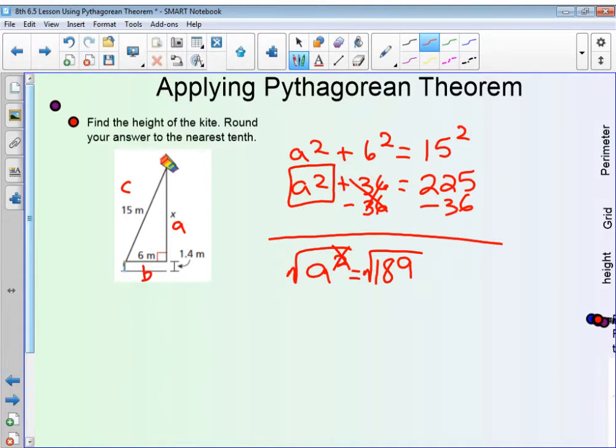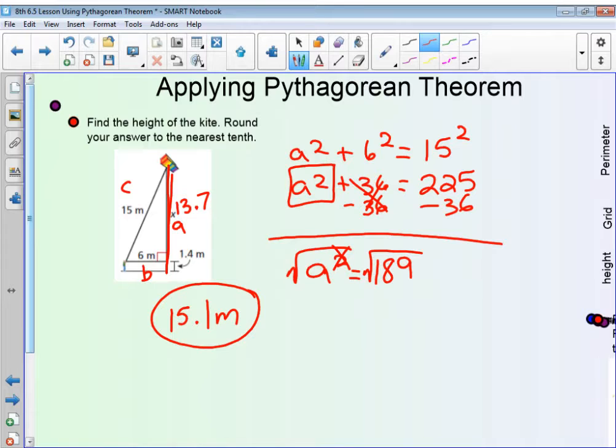And when I do that, I get 13.74. So 13.7 for this. They want to know the full height. So we're going to do 13.7 plus 1.4. And when I add that together, I get 15.1 meters. Final answer.